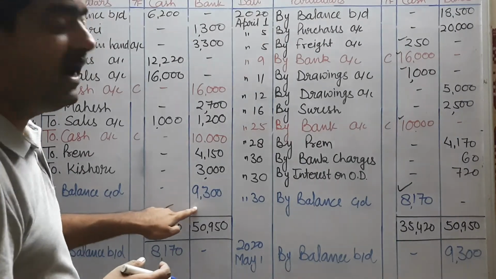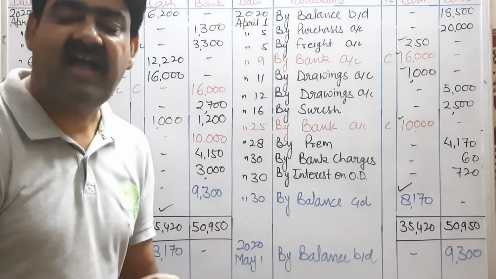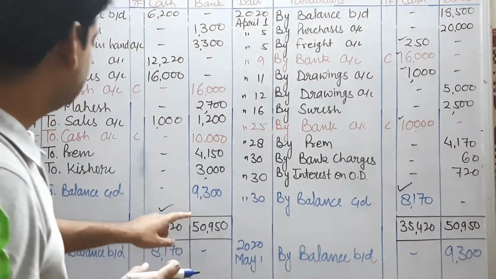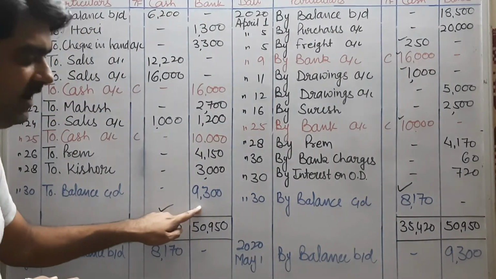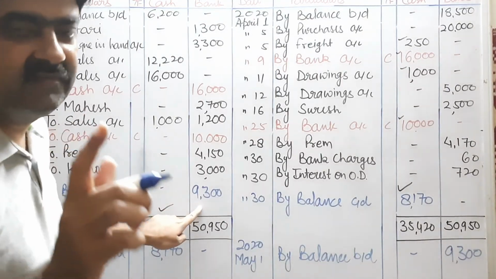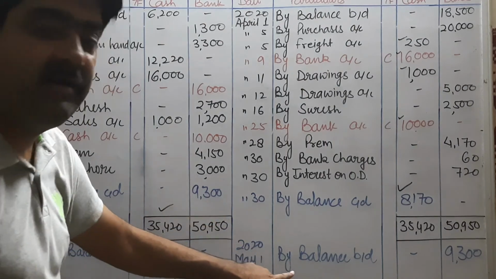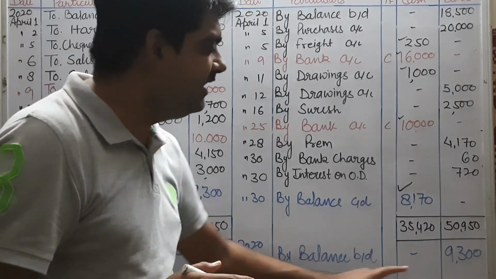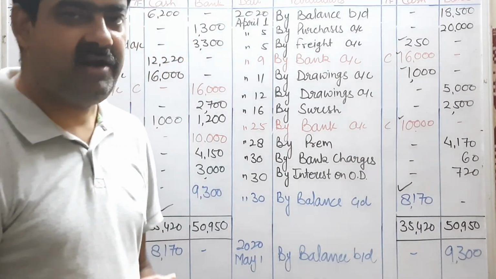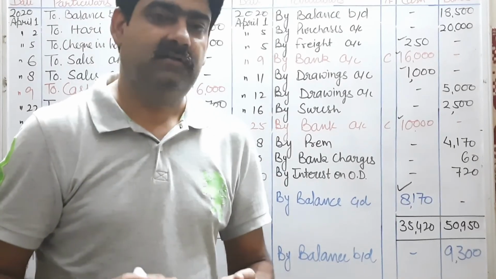It is less by 9,300. So that means still bank is having overdraft balance, and this balance I will write in debit side, to balance carried down 9,300. This is once again overdraft balance, and the same balance will be transferred to next month, that is on May 1, 2020 by balance brought down 9,300. So like this we will prepare a double column cash book. Thank you very much.